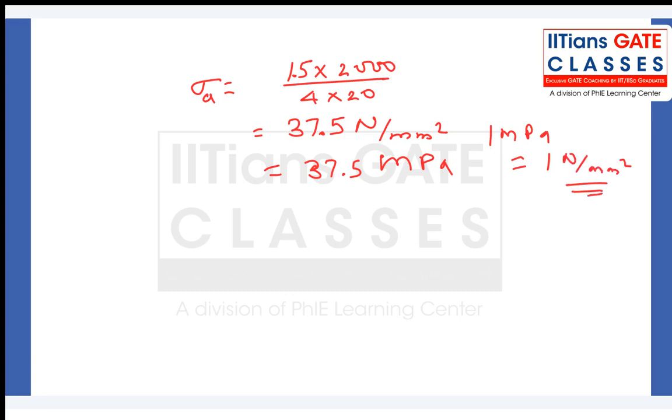Sometimes they ask the answer in kilopascal also. Don't worry: first find the answer in Newton per mm square, then you can write megapascal. If asked in kilopascal, it will be 37.5 into 10 to the power 3 kilopascal.